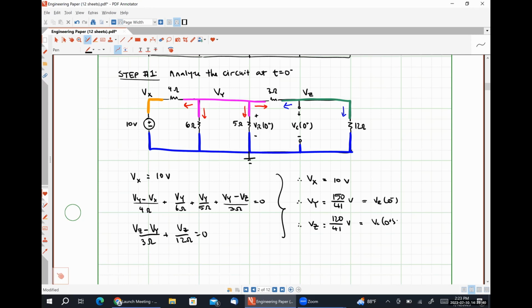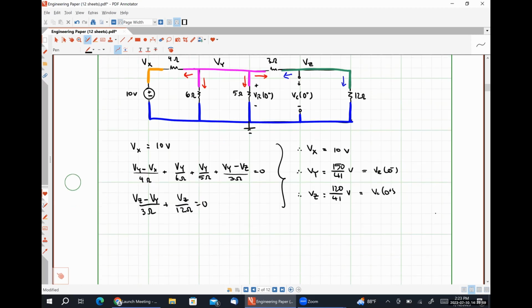I personally was leaning more towards using voltage division to find VR. And then once I found VR, I could use voltage division again to find VC. So we'll just run through that very quickly as a brief review on voltage division and also to make sure that I didn't make any mistakes here.